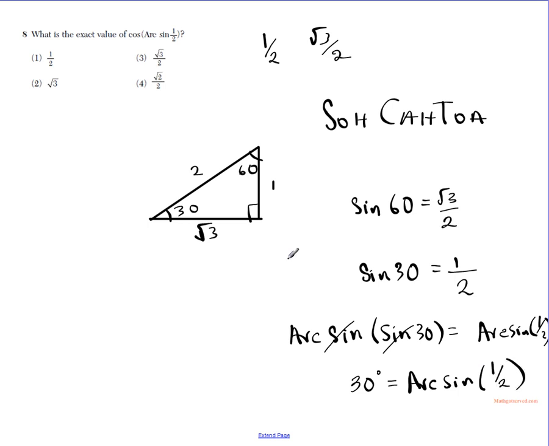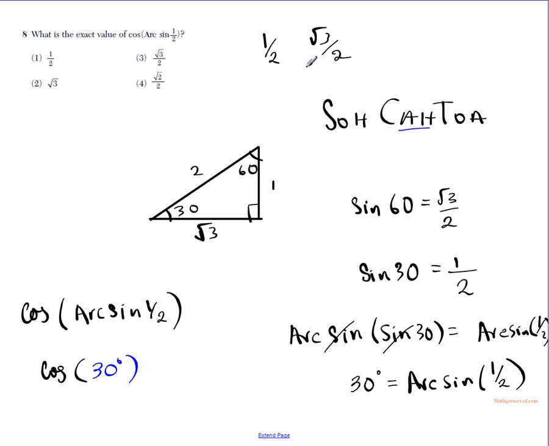So in this problem we have right here, cosine of the arc sine of 1/2. Since sine of 30 is 1/2, the arc sine of 1/2 is 30 degrees. So this problem can now reduce into cosine of 30 degrees. Okay, so now what is cosine of 30 degrees? Look at CAH. What does CAH tell you?